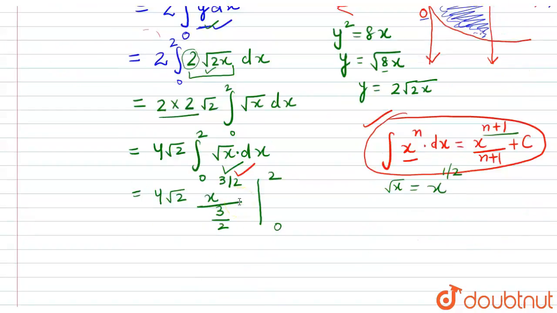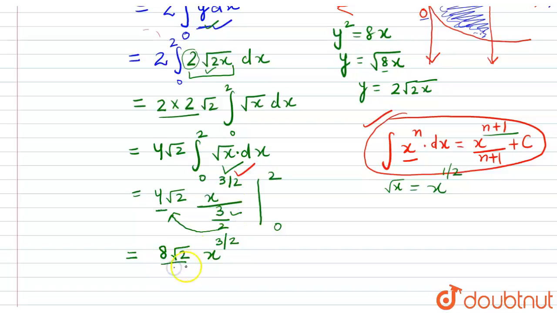Now let's solve it further. We can put this 2 in the numerator, and that gets multiplied with the 4, giving us 8 under root 2 times x to the power 3 by 2, and then we have 3 in the denominator.